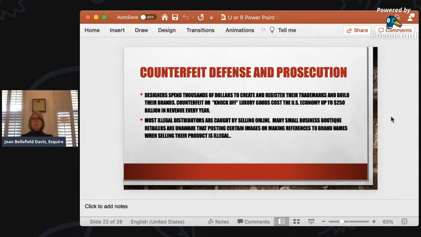they can't use... I had a client once that was making earrings out of buttons from Chanel outfits. If you're doing that, then you have to be very clear that they are not Chanel earrings. They are recycled, upcycled from the buttons.